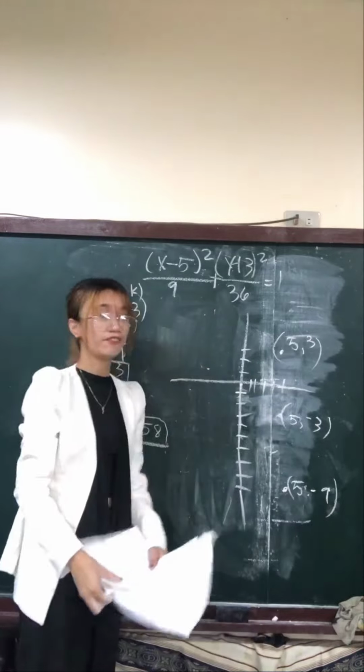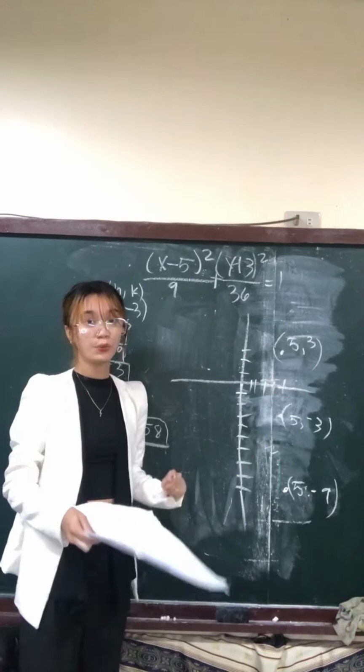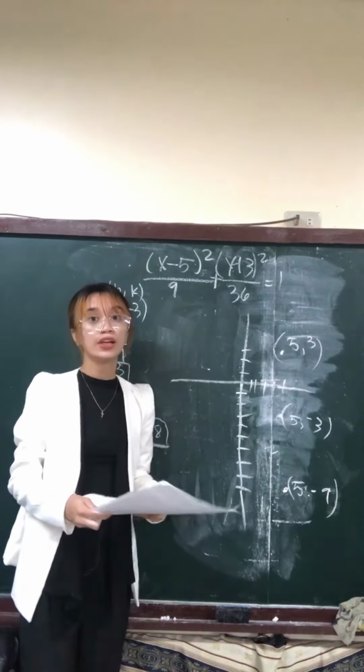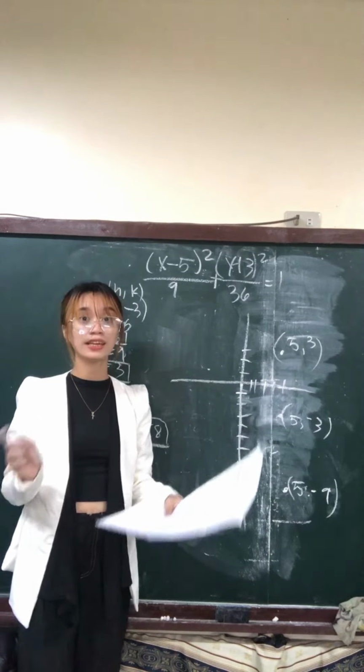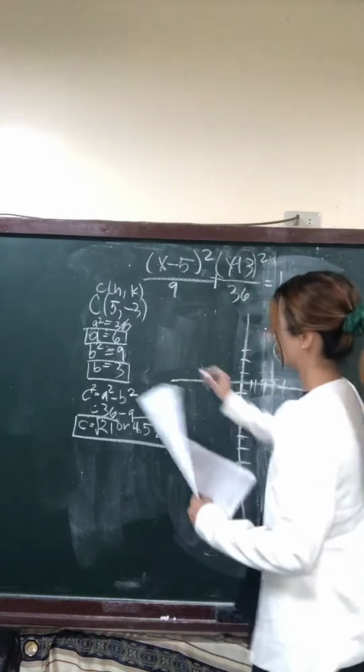To check if these plots are correct, we can proceed to the vertices formula: h, k positive and minus a for the major vertices.